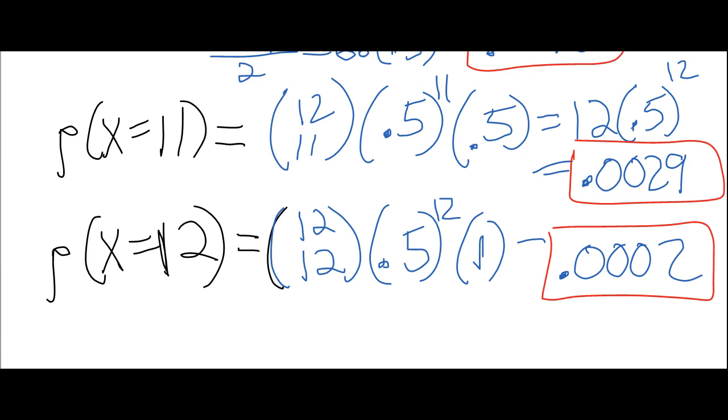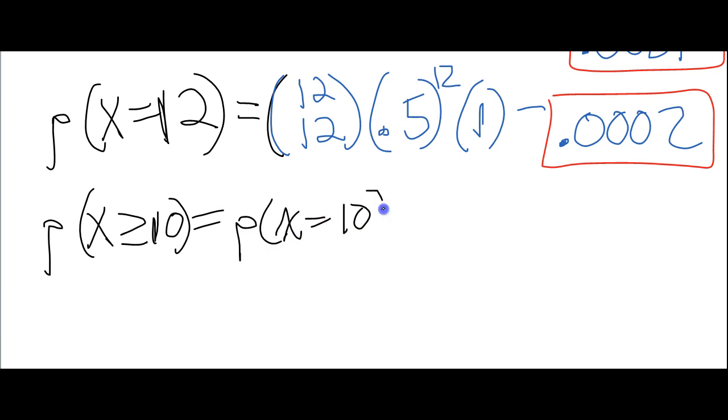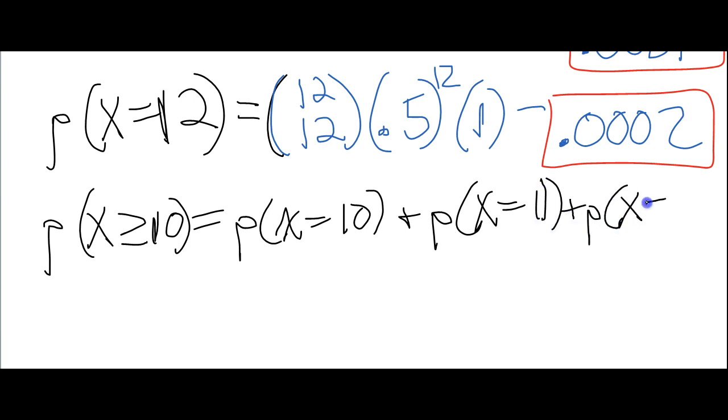so again, we know that because binomial, the probabilities of 10, 11, and 12, well, these are disjoint probabilities. I can't get 10 heads and 11 heads, or 10 heads and 12 heads. So it's going to be the probability of x equals 10 plus the probability of x equals 11 plus the probability that x equals 12.